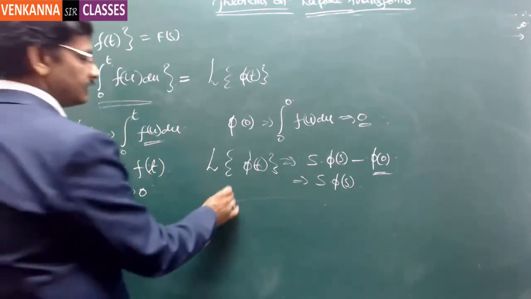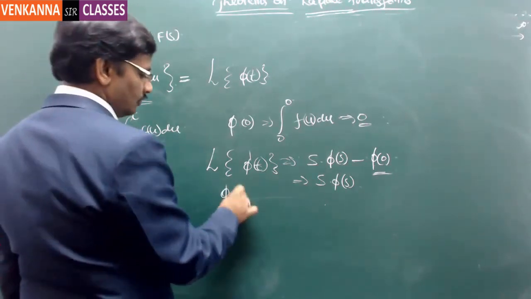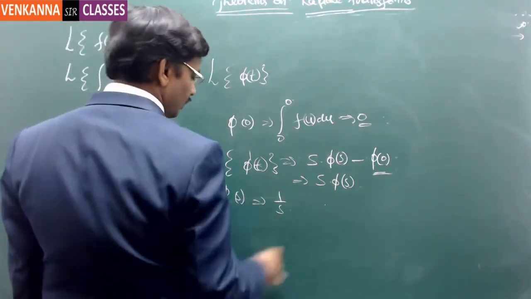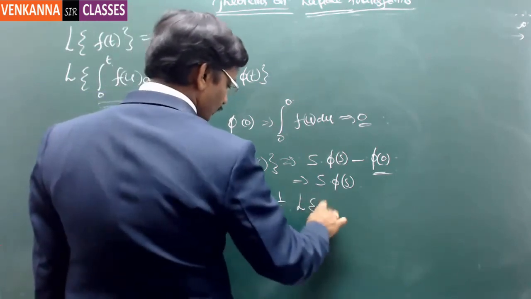So it implies phi of s is equal to 1 by s times the Laplace transform of phi dash of t.